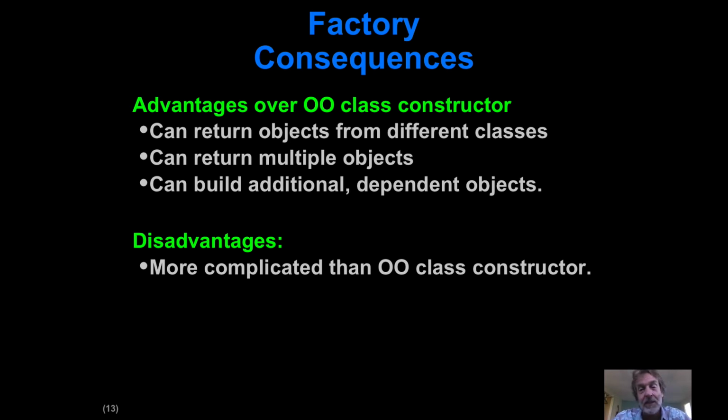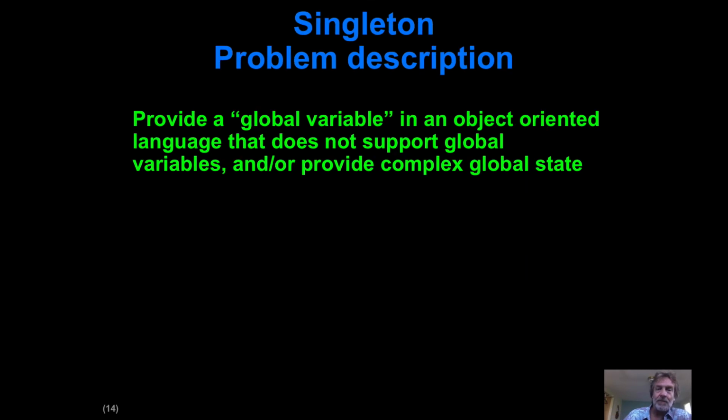So you'll want this, right? It occurs all over the place in object-oriented design or in software design scenarios. I think the only disadvantage is that it's more complicated than the object-oriented class constructor. So you should think for about 3 seconds before you use it and ask yourself, do I actually need to make a factory, or can I just use object-oriented class construction?